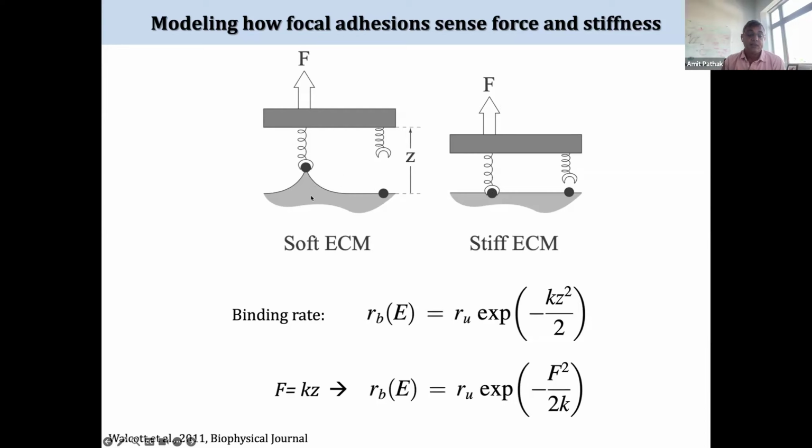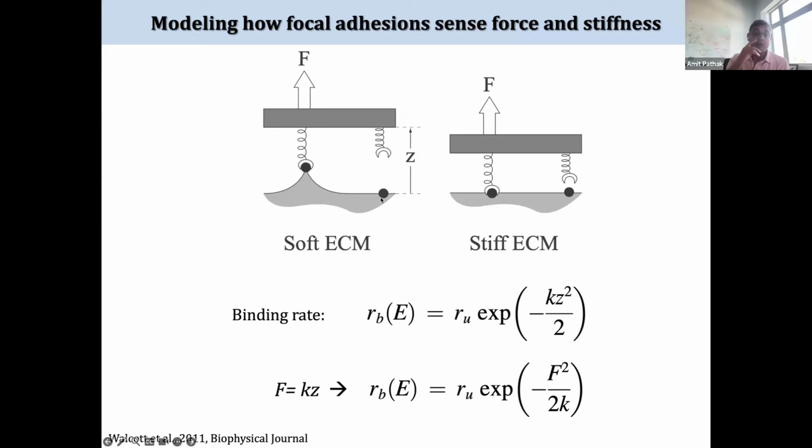On the left, whenever the bond is formed and you apply a force, if the ECM is soft, it's going to deform more than the stiff ECM. Because the ECM deforms more, the distance between the cell membrane and the soft ECM may increase. Thus, the probability of the receptor catching the ligand will reduce because of the increased distance.